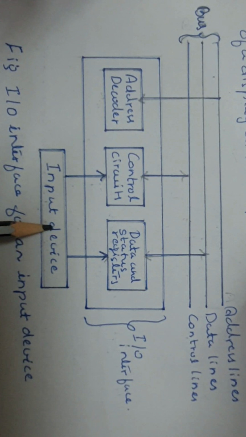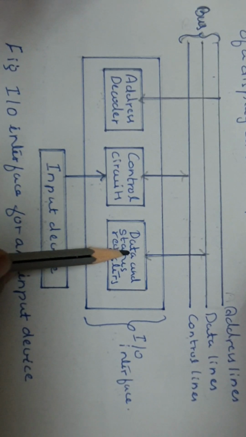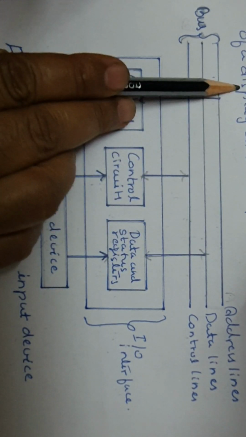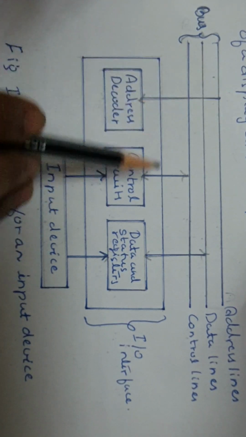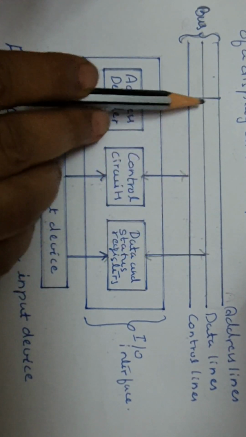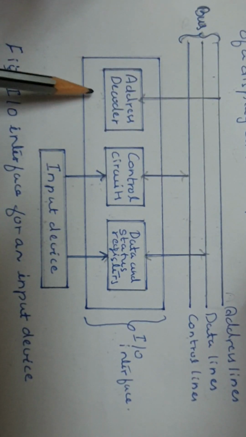Whenever a key on the keyboard is pressed, that key character will be stored in the data register. Then the status register bit for the keyboard will be set. That will indicate to the processor that the data from the keyboard is ready. Then it will read the data through the data lines into its register.